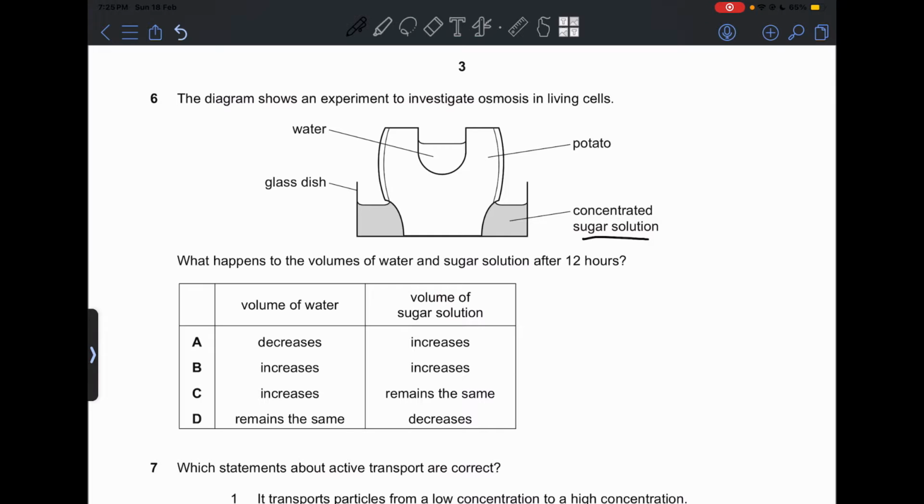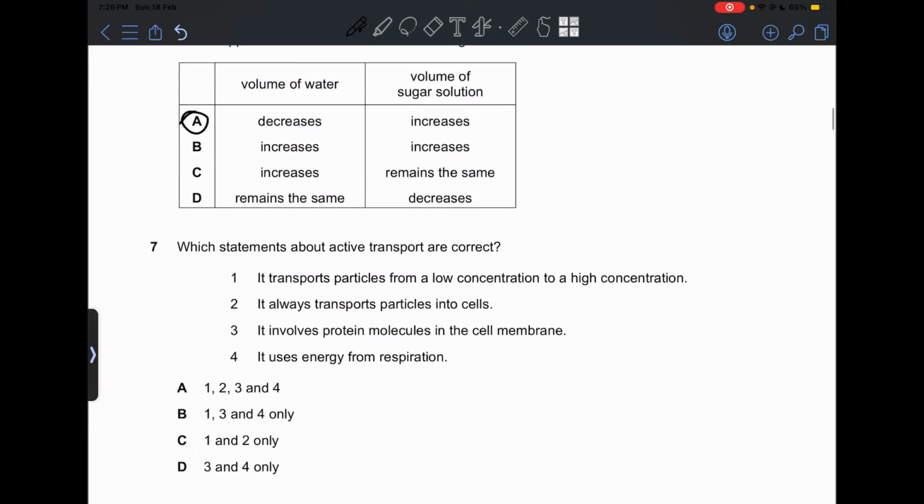So the water will go from the high water potential over here to the low water potential over here because it's concentrated. So the volume of water will decrease and the volume of sugar solution will increase because the water will move from up here and it will move to the sugar solution down there. So our answer is going to be A.